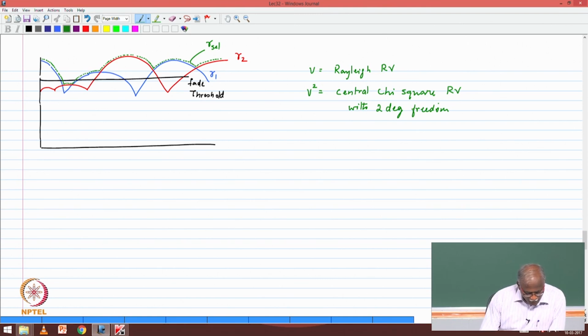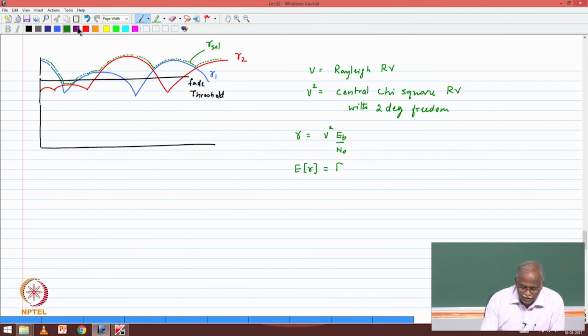The reason we work with this one is because the instantaneous SNR can be written as the envelope squared times Eb by N naught. And the expected value of gamma is denoted by uppercase gamma.